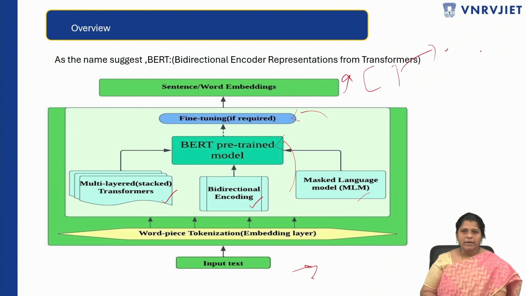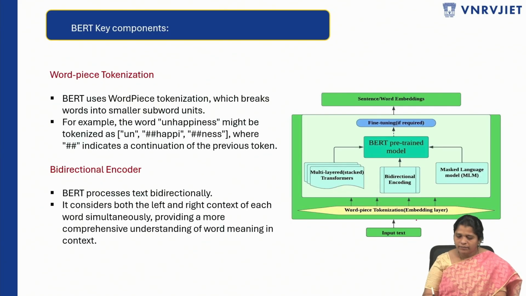So coming to the detail part, the first one is WordPiece tokenization. How does this work? It breaks the words into small sub-word units and tries to make some masked kind of output. Suppose I have the word unhappiness. For that you have the tokens un, happy, which are being masked pre and post.